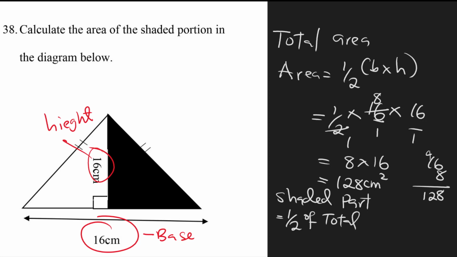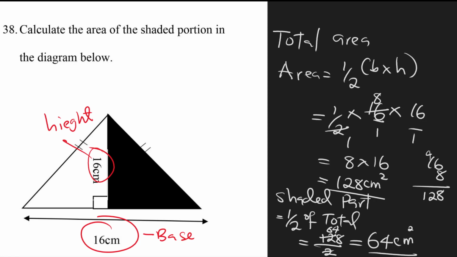And so what we're going to do is simply carry this total and divide it by 2. So we're going to say equals 128 divided by 2. 12 divided by 2 is 6, and 8 divided by 2 is 4. So 128 divided by 2 is going to be what? 64 centimeter square.